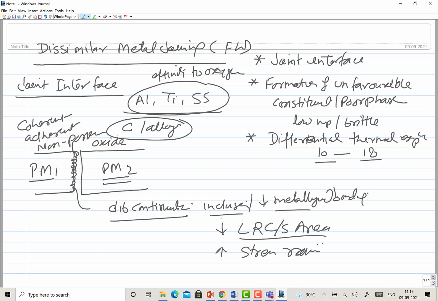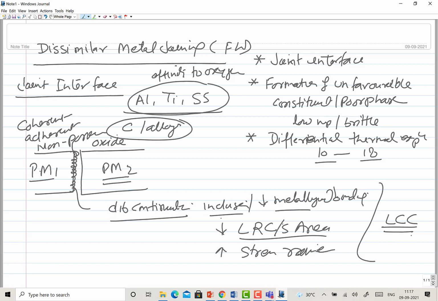So in general, these reduce the load carrying capacity of the friction weld joints, and that's how they lead to a compromise in the performance of the weld joint.